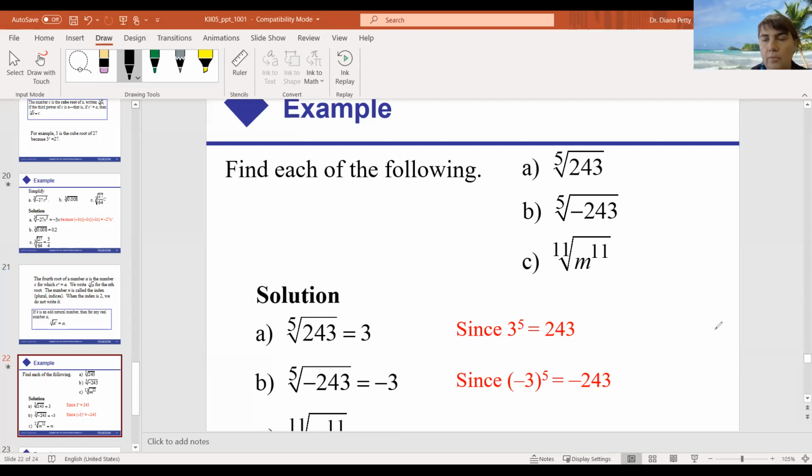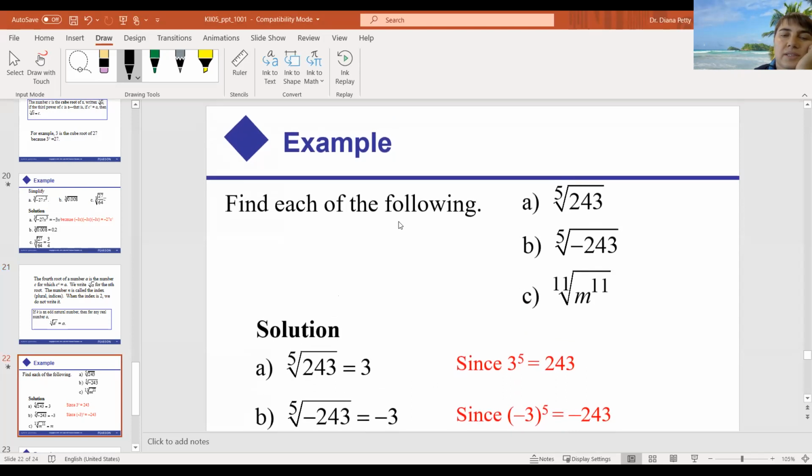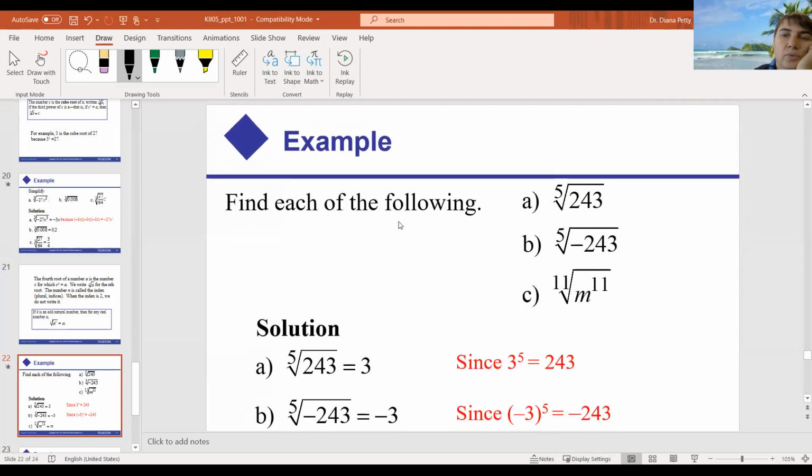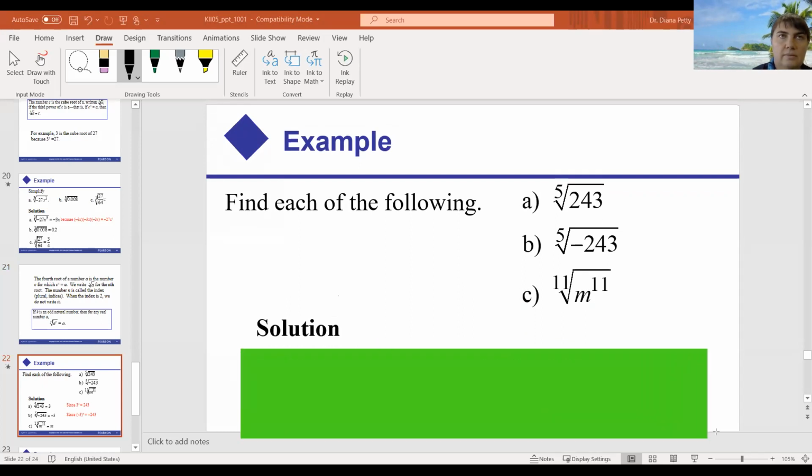Use your calculator. What is the 5th root of 243? It is 3.